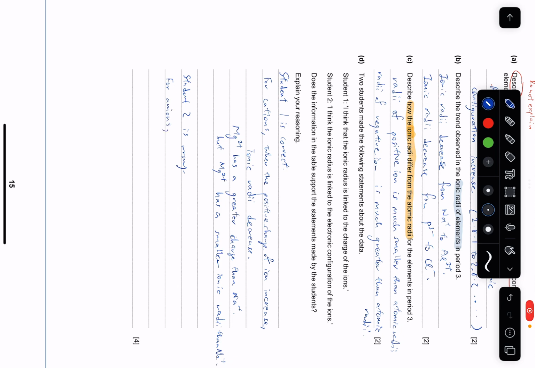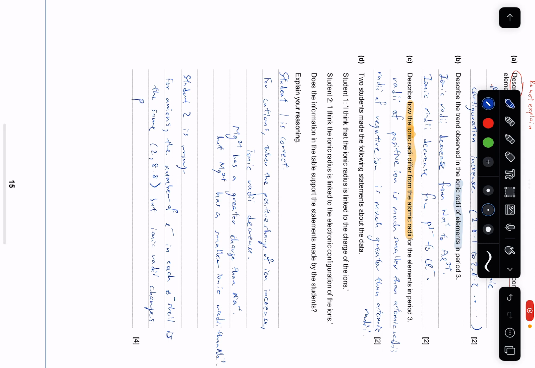So for anions, the number of electrons in each electron shell is the same. For example, 288, same, but the ionic radii changes.